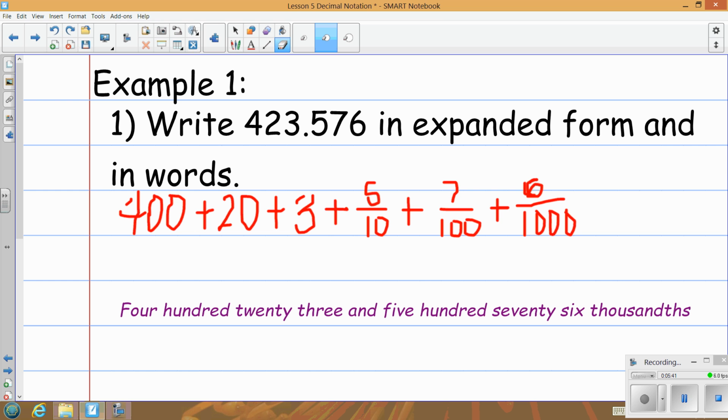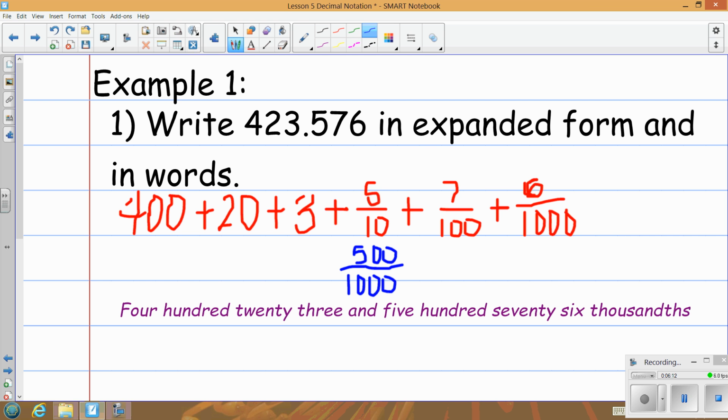And the real reason for that is because if I were to take all of these decimals at the end, the 5/10, if I want to write that with a denominator of 1,000, what did I do to the bottom to get to 1,000? Well, I added 2 zeros, or I multiplied by 100. So on top I would multiply by 100 and I get 500.